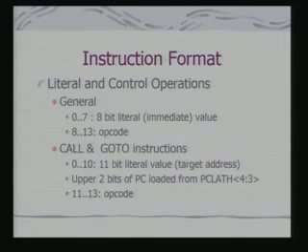In this case, we use an immediate value. For a general instruction, the 8-bit literal or immediate value forms part of the instruction. In case of call and goto instructions, you have an 11-bit literal value as part of the instruction.